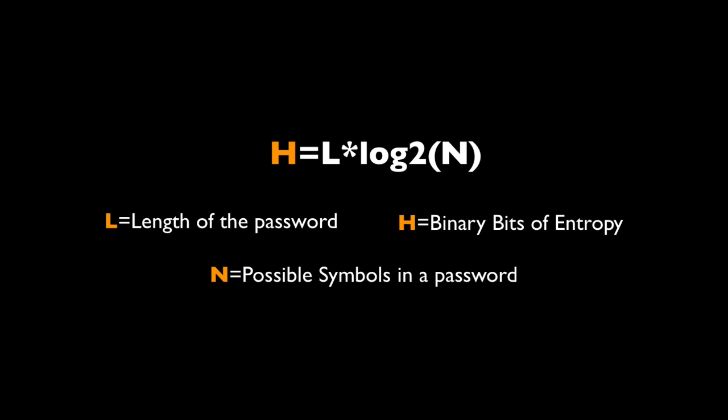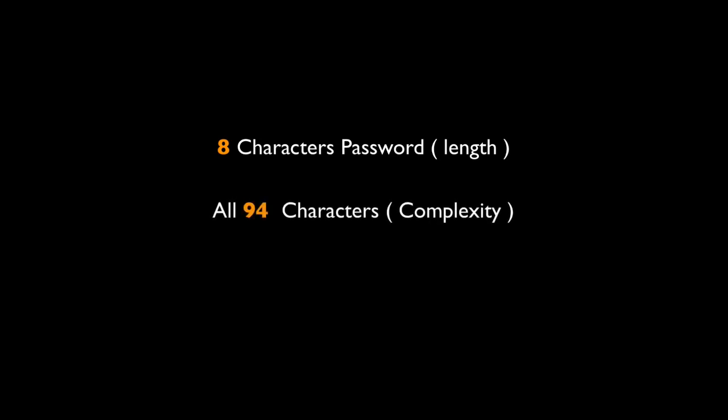A password length of 8 characters from the entire alphabet, that is uppercase, lowercase, symbols, and numbers, gets us to an entropy of about 2 to the 52. So this password has about 52 bits of entropy, and it is a strong password. The higher your password entropy, the less predictable your password patterns are for a computer. As far as passwords go, 36, 37 bits of entropy are rather good.